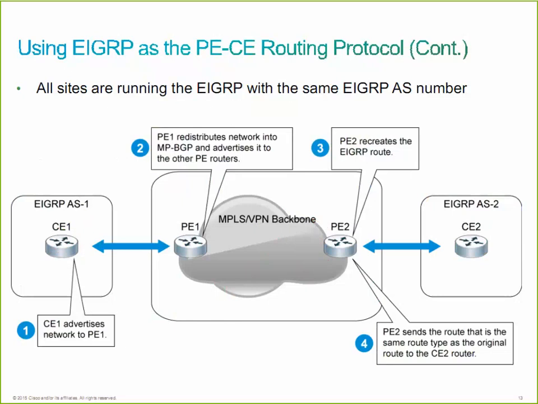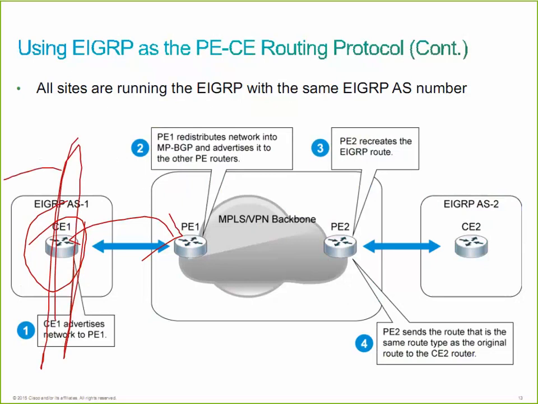So what happens is that the CE router advertises its network information via EIGRP to the PE router. In this case, we've even decided to extend our EIGRP domain directly to the PE router, instead of running redistribution at this point and running some sort of IGP here and a separate IGP here.